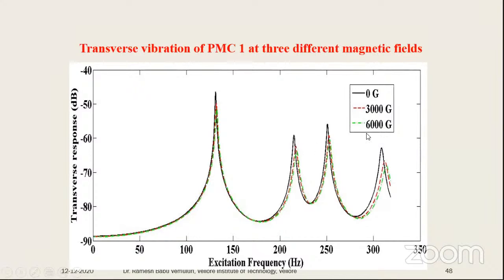So from this we can understand the natural frequencies are increased. That means stiffness is more. Once the stiffness is more, the transverse responses or the amplitudes are also reduced. And we observed the damping also increased.